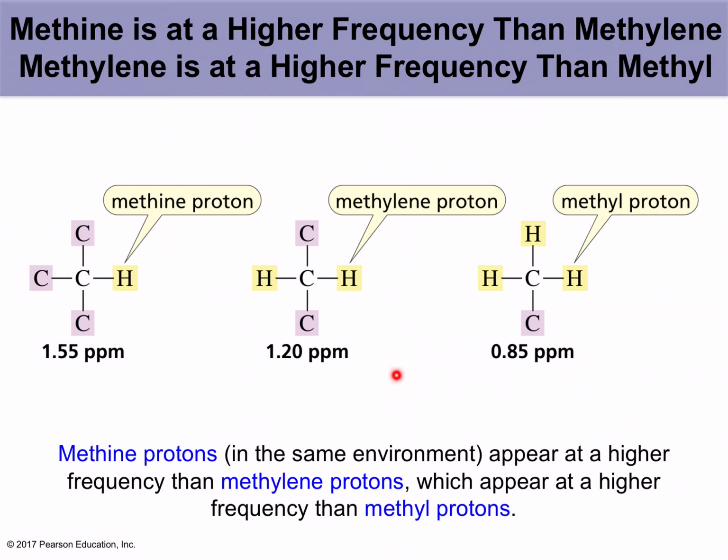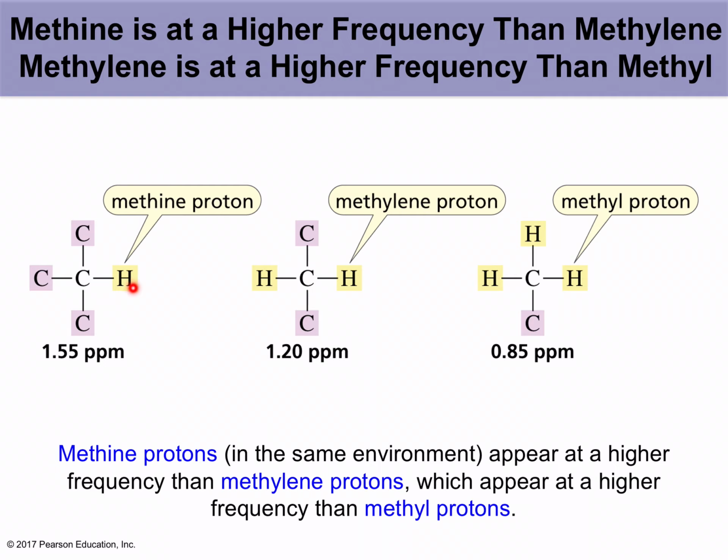Now out of these 3, you can see methine protons are the most deshielded. More deshielded meaning this hydrogen is less electron dense compared to this or this one. How does that happen? What is it about carbons that makes the hydrogen more deshielded when it is surrounded by carbons?